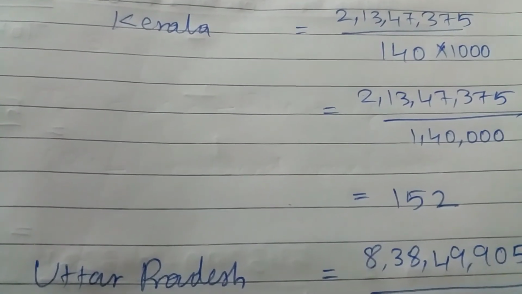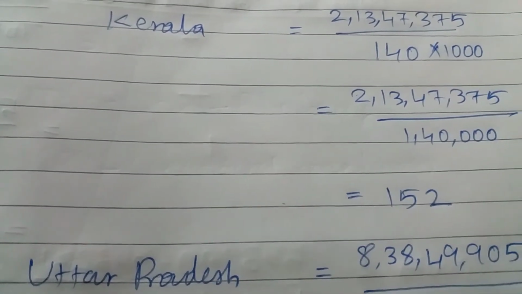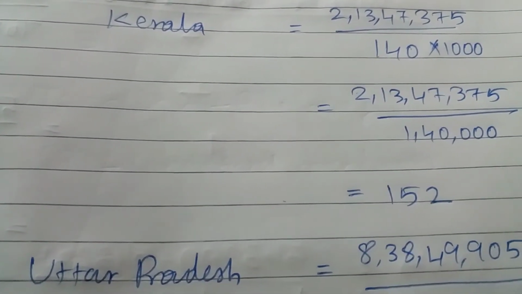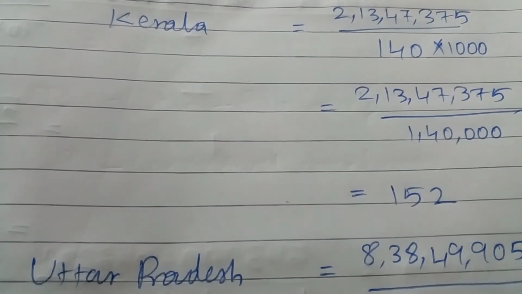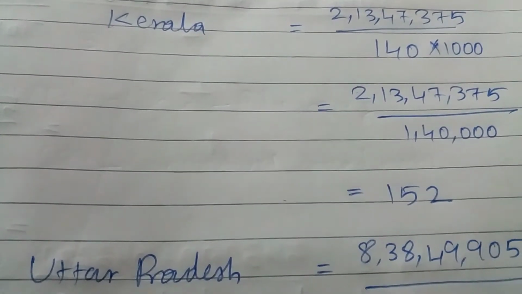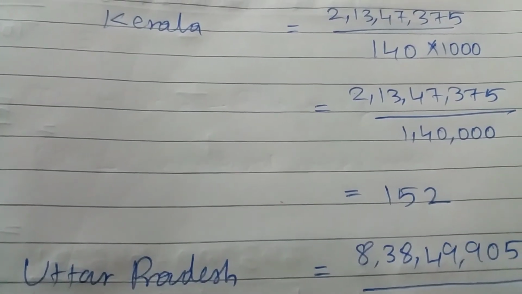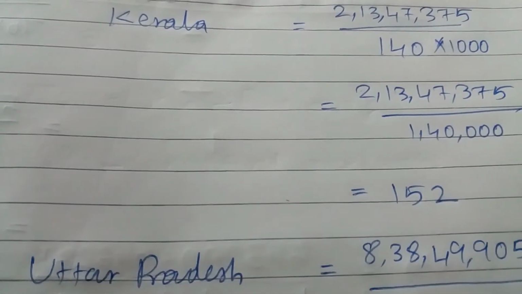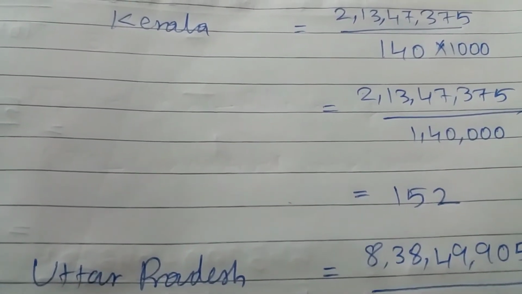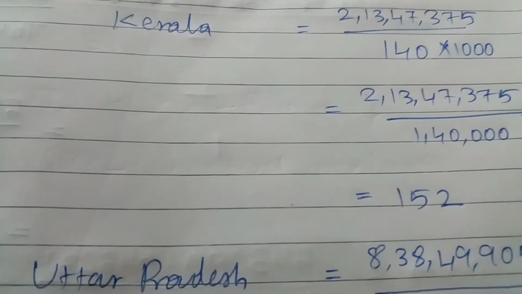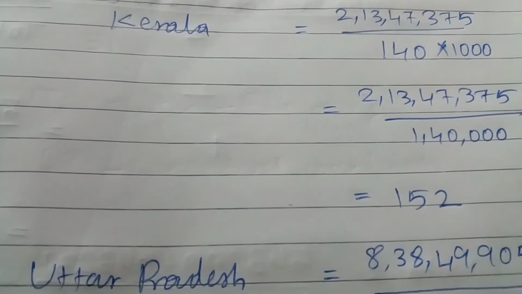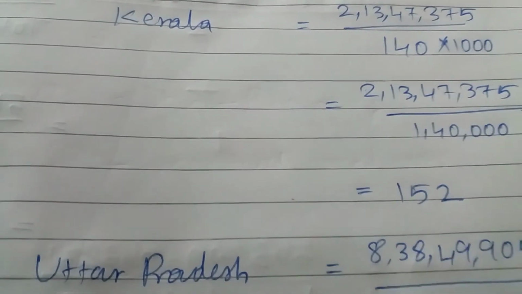As per our equation, 2,13,47,375 is divided by 140, and the whole divided by 1000 gives 152. So the value of the vote of one MLA from Kerala is 152.